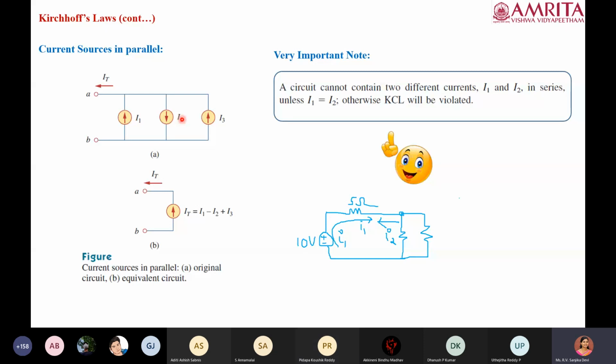A series element cannot have current sources with two different values. So we shouldn't connect current sources in series, ma'am? Yes, two current sources in series will violate KCL, and even if you try to connect them, practically it will create problems.